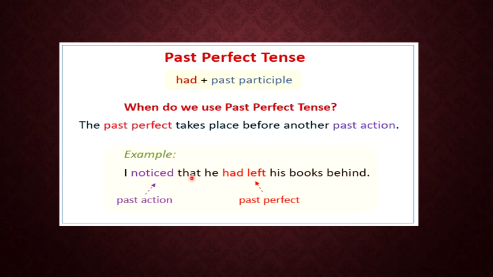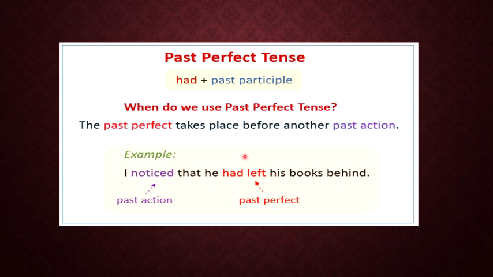You will notice something, or he had left the books. Yes, the action of leaving the books happened first. So that action will come in past perfect tense. Okay, so the sentence will be: I noticed that he had left his books behind.